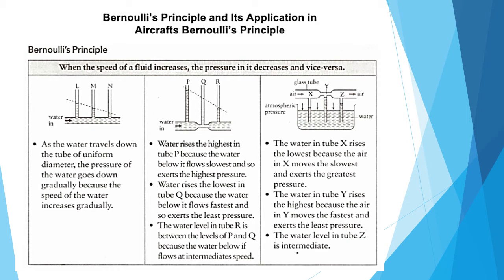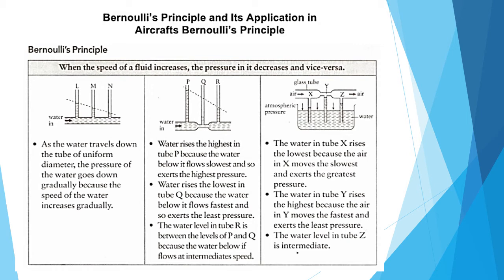Okay, look at the second diagram. Water rises highest in tube P because the water below it flows slowest, and so it exerts the higher pressure. In P, the water is going toward the smaller diameter, so the water flow is slower, and it gives the higher pressure. That's why the P level is higher.